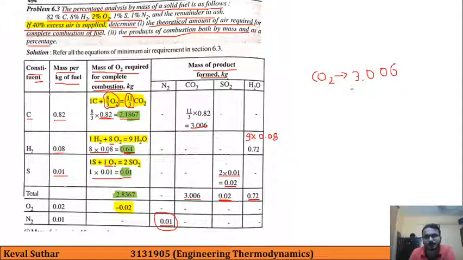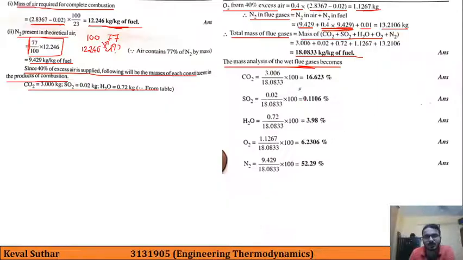Then we have H2O, that is 0.72, and SO2, that is 0.02. You see these three are as they are, and we divide them by the total mass of flue gases, so we get the percentage like this.